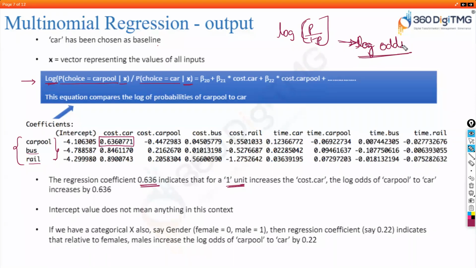This is simply put, log of odds. Now this log of odds of carpool to car increases by this. That means if you increase the cost of car by $1, the chance of you preferring carpool over car increases by 0.636.